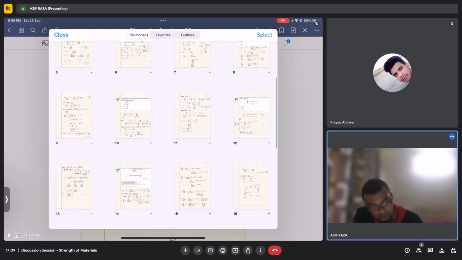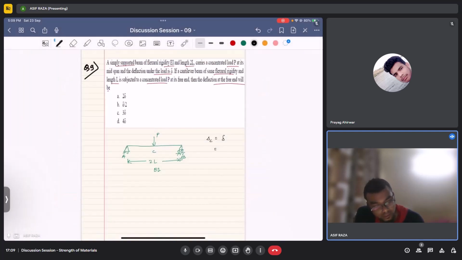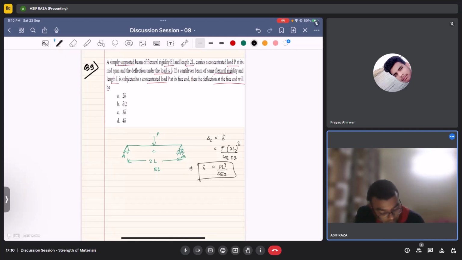So for the current question, with span length 2L, it will be P(2L) cube by 48 EI, which gives delta equal to 8 PL cube by 48 EI, that is PL cube by 6 EI.